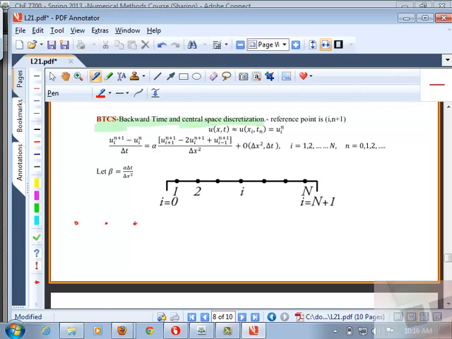So it is u_i^(n+1) minus u_i^n. You treat this as the n+1th level and this as the nth level, so n+1 minus n makes it look like a backward difference, and this becomes your reference point.